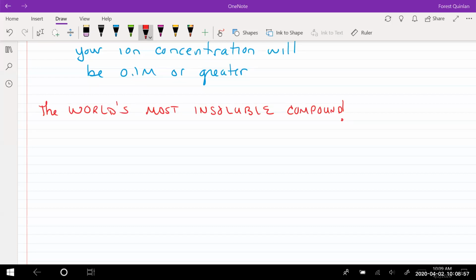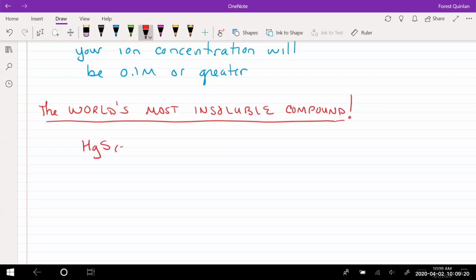The world's most insoluble compound is going to be mercury sulfide. This is going to go back and forth to make the mercury 2 ion and sulfide ion.